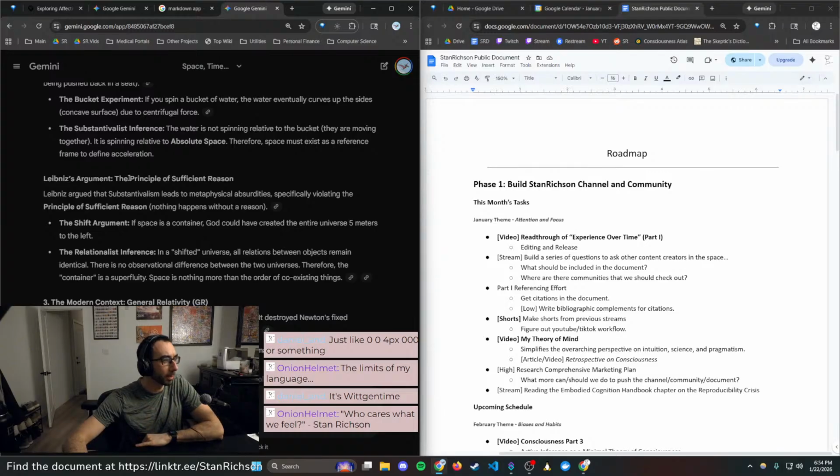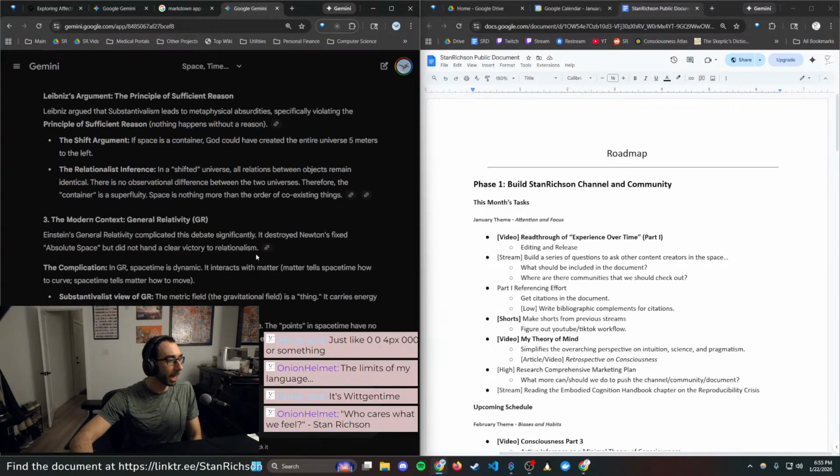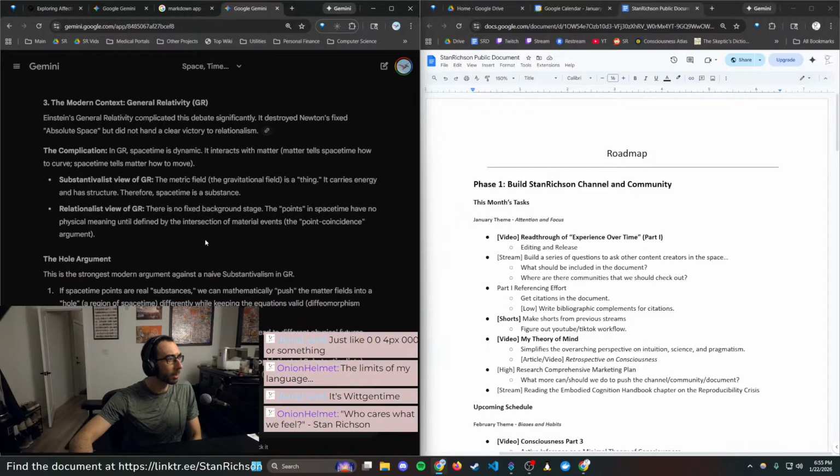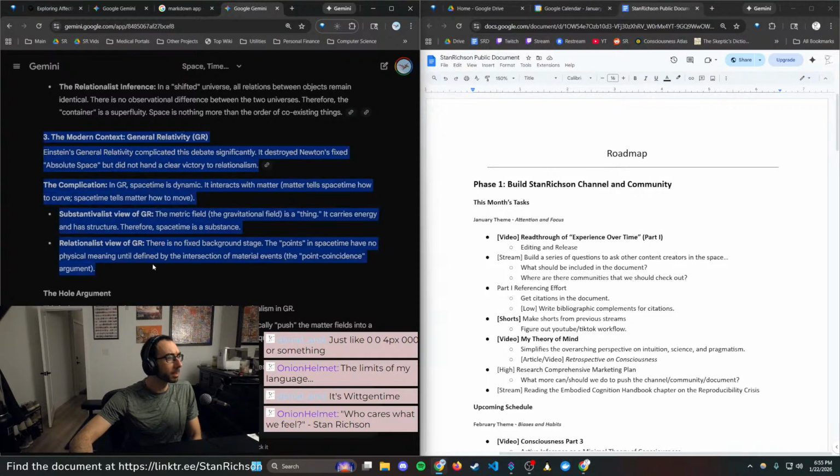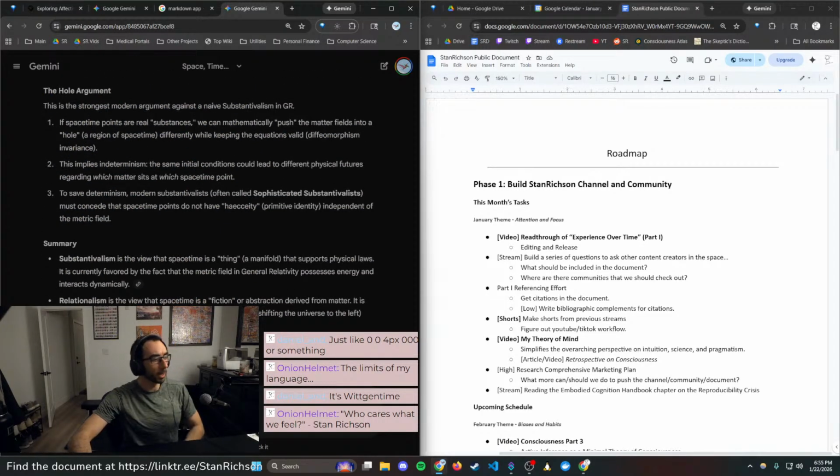The Leibniz argument. Principle of sufficient reason. Argue that substantivalism leads to metaphysical absurdities, specifically violating the principle of sufficient reason. Nothing happens without a reason. If space is a container, okay. I feel like this is just not a debate worth having, perhaps, unless there's some... Okay, that's the question.